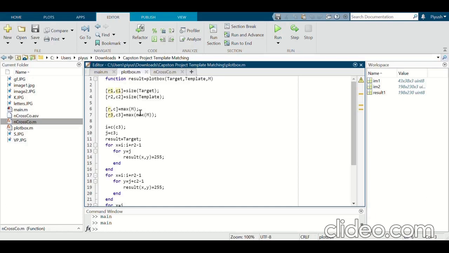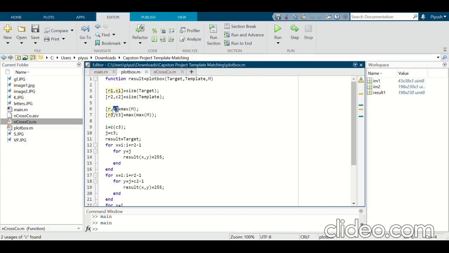In AM, the maximum of AM is stored in RNC, where R is saying the maximum values over each column in M, and C is representing, in that particular column, the row number at which my maximum value is occurring.